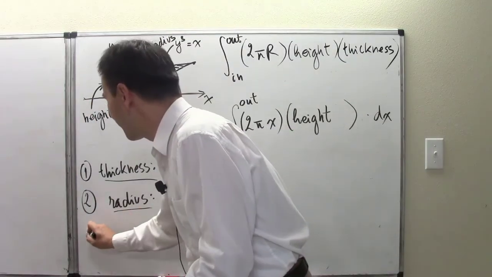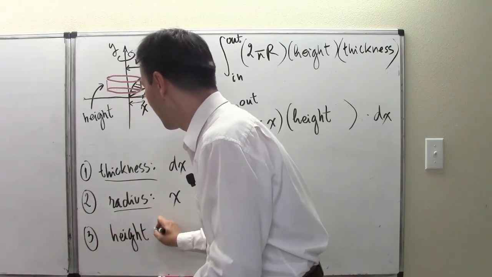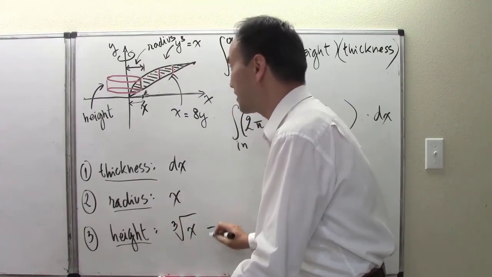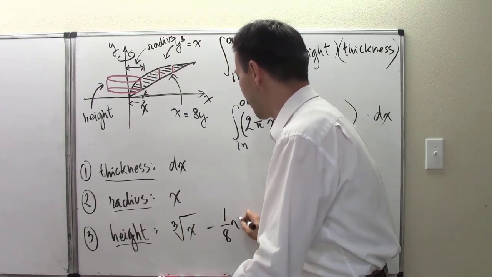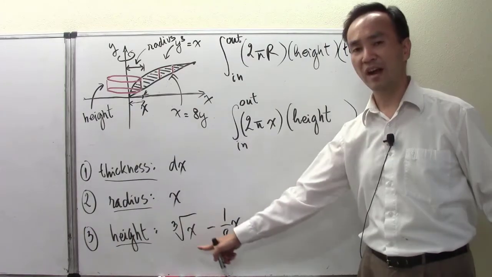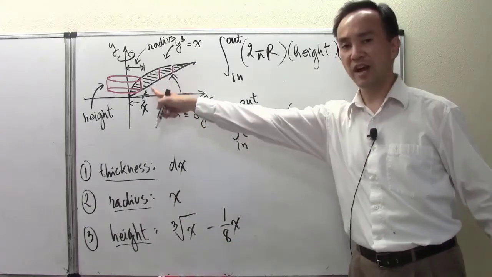Now the height of the shell is the cube root of x minus 1/8 x. Now we have a formula that represents the height of our shell at any x value.